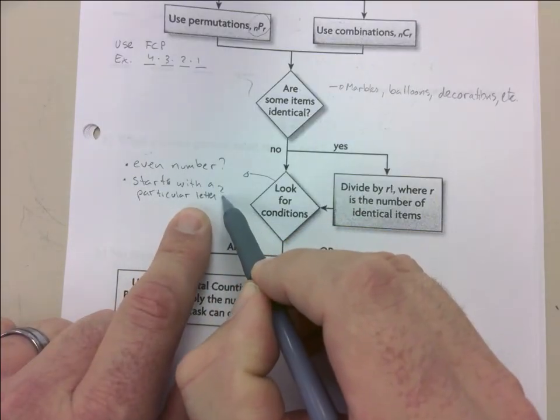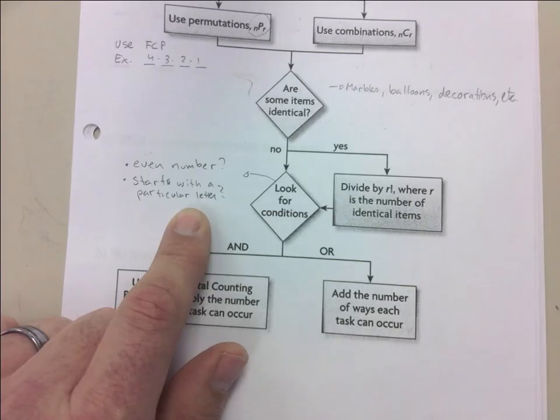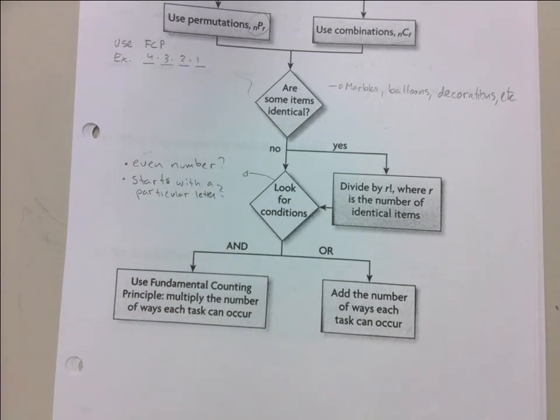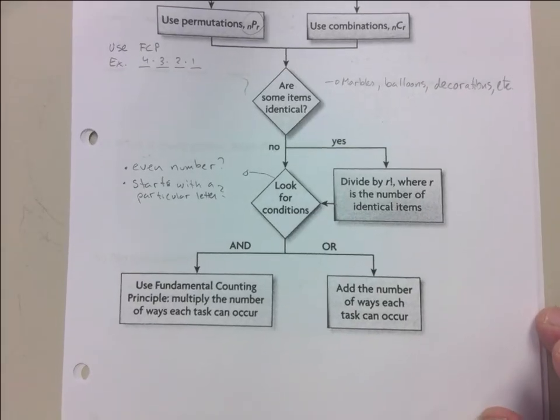Does it start with a particular letter or symbol? Oops, you can't see that, my bad. Does it have to start with an S or a C? Does it start with a vowel? Is it an odd number? Does it have to be at least a certain number, like 3,000 or more? Things like that, you have to watch out.